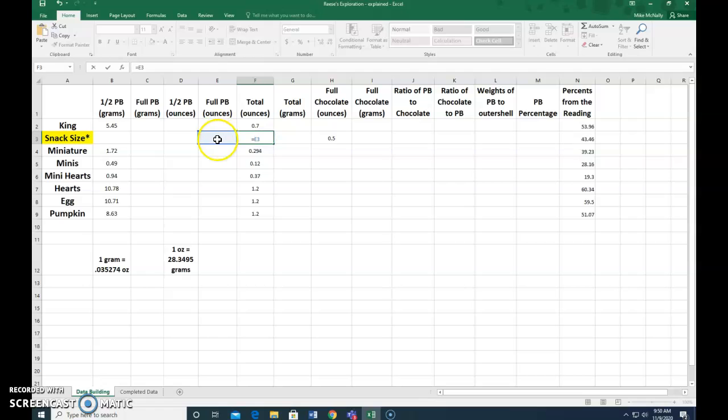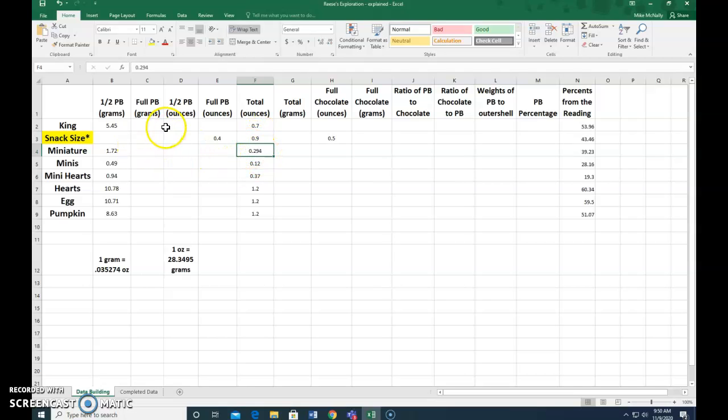And we just want to add E3, all the peanut butter, and all the chocolate, to get the total. So we're going to say plus, this cell plus that cell. So I click over here. Notice it said H3, column H, row 3. Now, that's my formula, E3 plus H3. If I hit enter, it is 0.9. So it actually works. 0.5 plus 0.4 is 0.9.